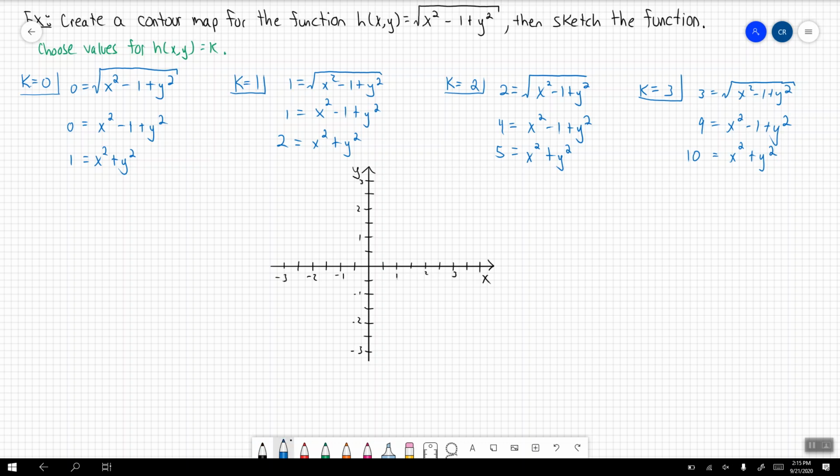The first level curve is at k equal to 0, and this is a circle. I'm going to say that this is k equal to 0. Now my next curve is going to have a radius of root 2, which approximates to 1.4.